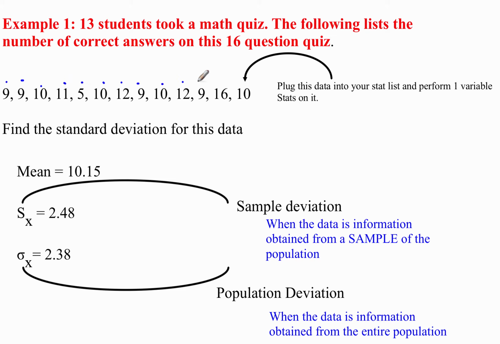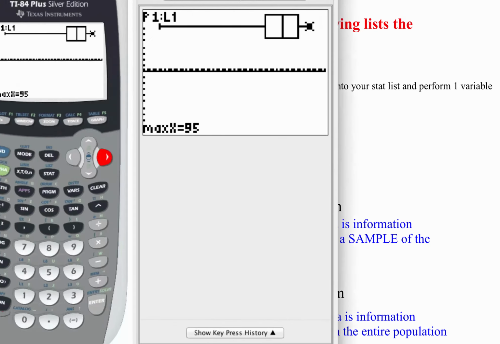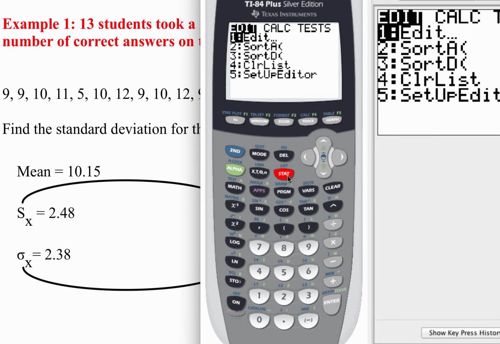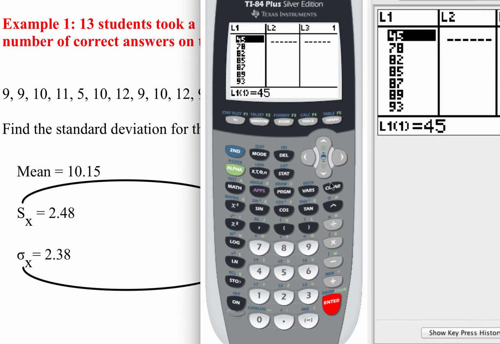When we did median, we put it in increasing order. Well, we're going to look at something different, so there's no need to put it in increasing order. We are going to go to our calculator. We're going to go to Stat. We're going to Edit, and we're going to clear out any old stuff, and we're going to type in our new data.